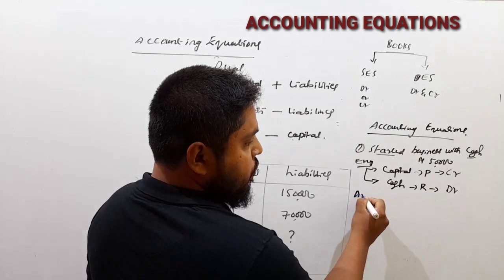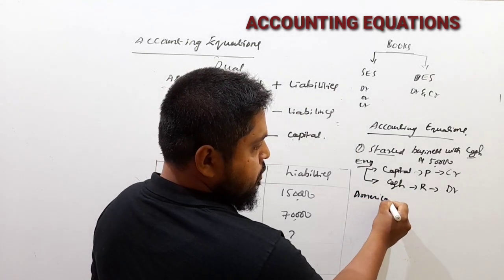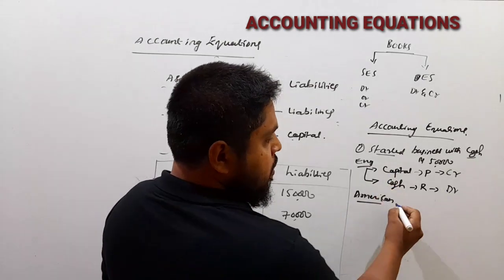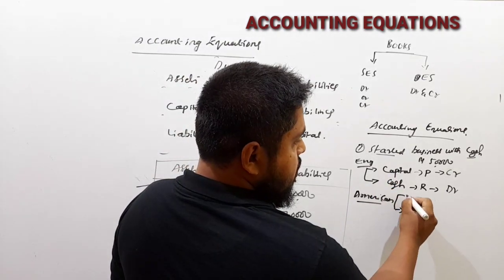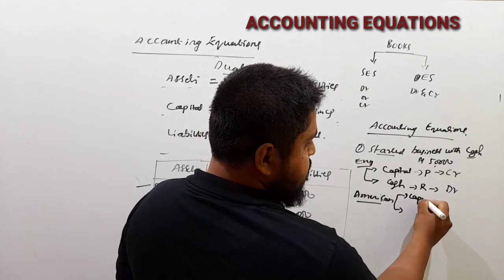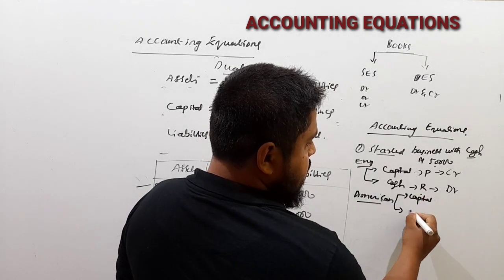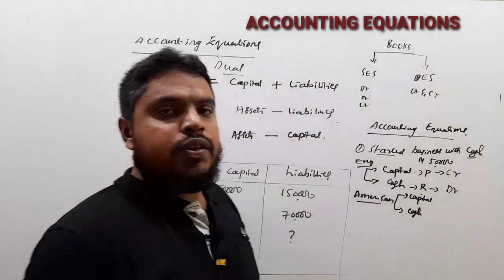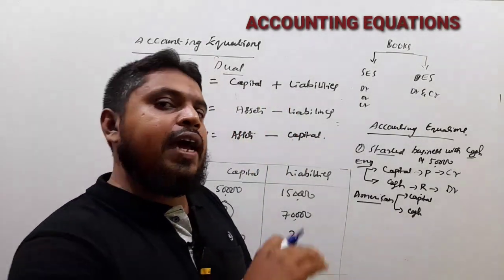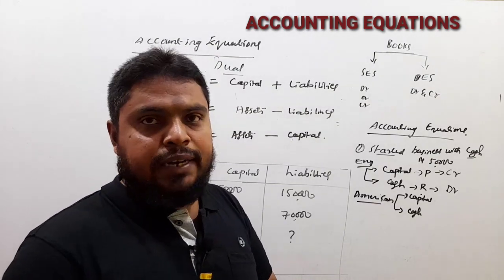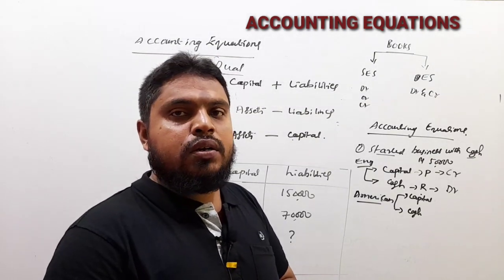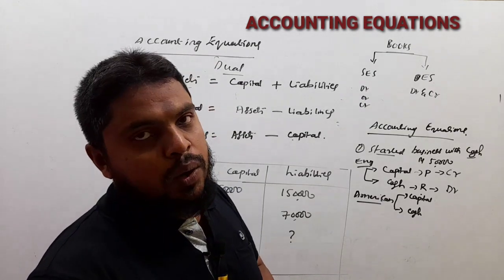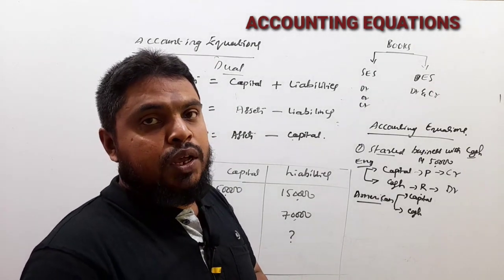Now under the American system, capital and cash. Under the American system, you know, five accounts are maintained: asset account, liabilities account, capital account, expenses and losses account, incomes and gains account.